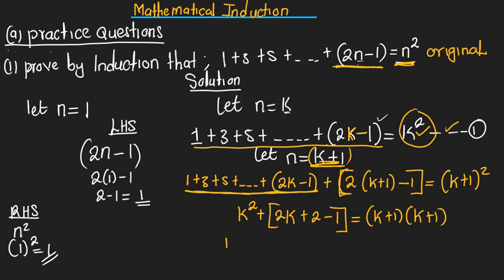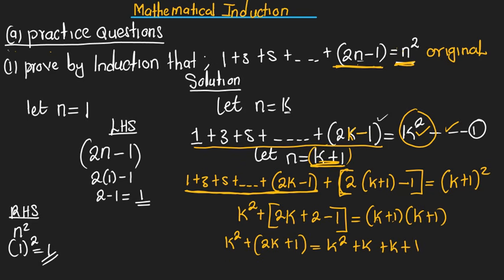So this is going to be k power 2, and then plus 2k, and then plus 1. Okay, 2k plus 1 equal to k multiplied by k is going to be k power 2. k multiplied by 1 is going to be plus k. 1 multiplied by k is going to be k. 1 multiplied by 1 is 1.